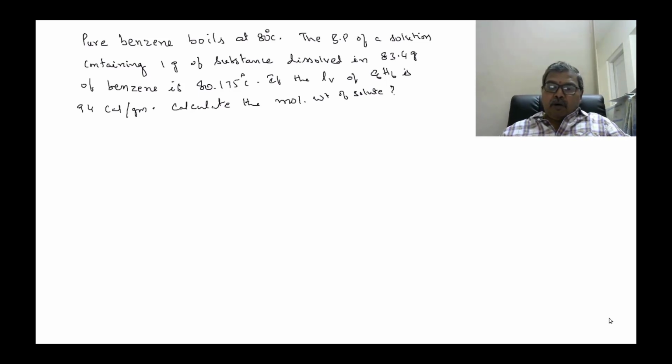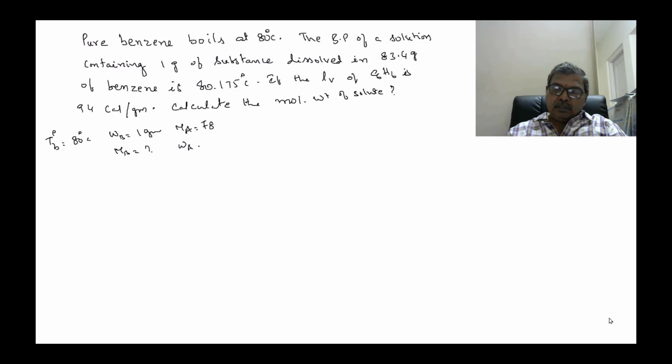So the benzene boiling point, Tb naught, is given, that is 80 degrees Celsius, and the weight of the solute is 1 gram. The molecular weight of the solute we have to find out. Benzene molecular weight is 78, and the weight of the solvent is 83.4 grams.